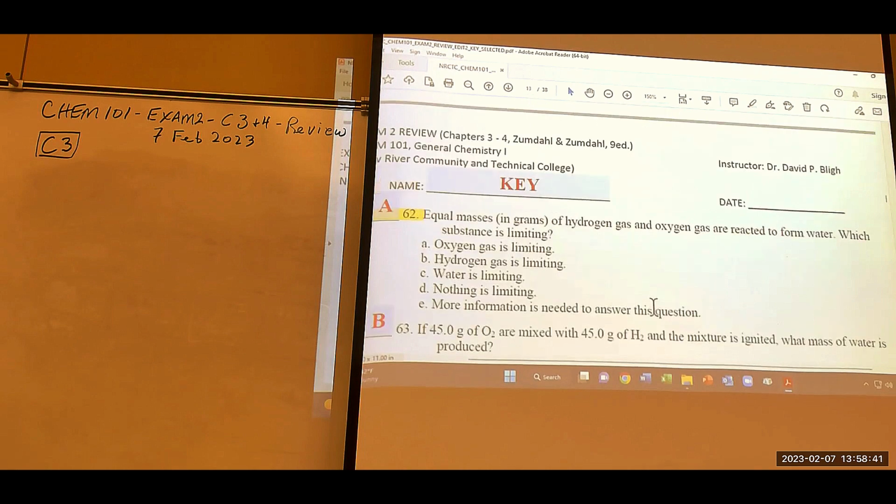62. Equal masses in grams of hydrogen gas and oxygen gas are reacted to form water. Which substance is limiting? For this one, you've got to balance your own equation.